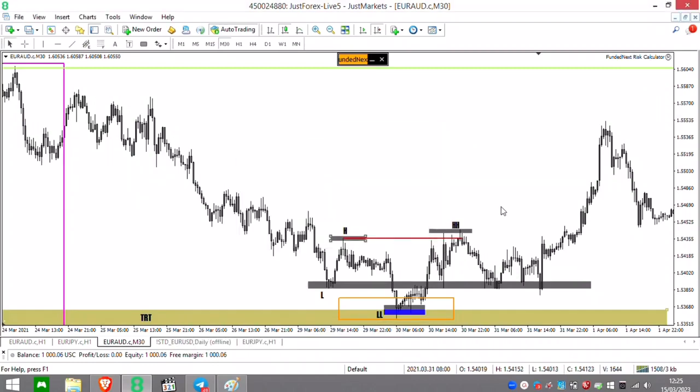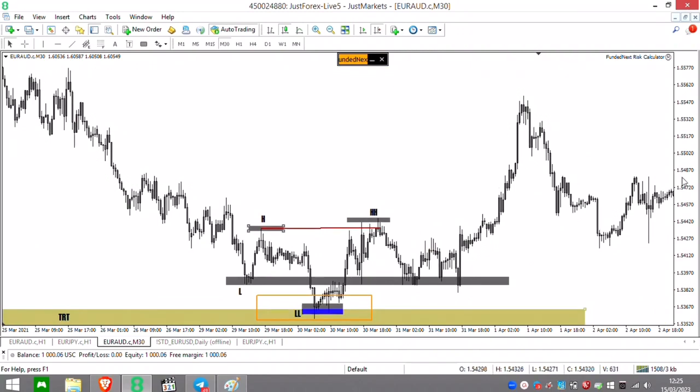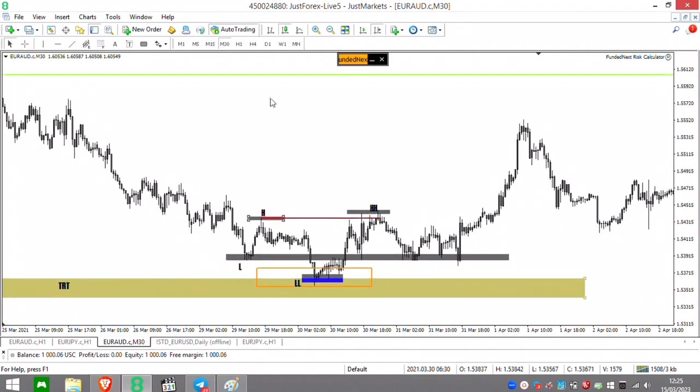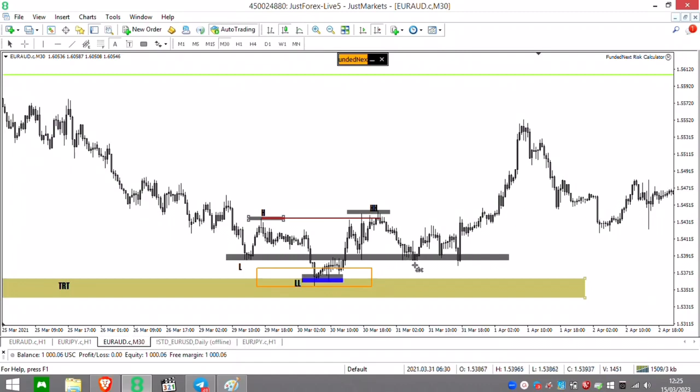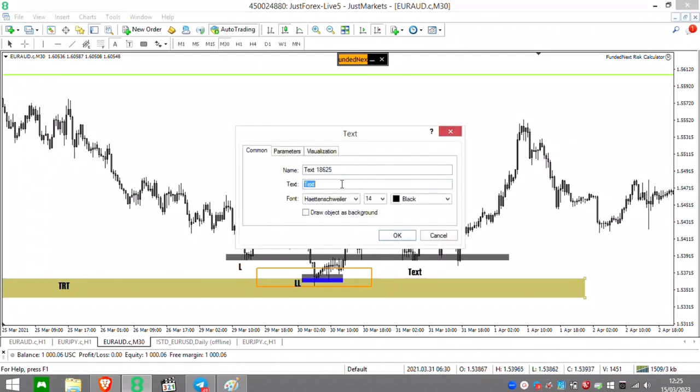And we can make an entry point here. Here, we can make an entry point here. Entry.